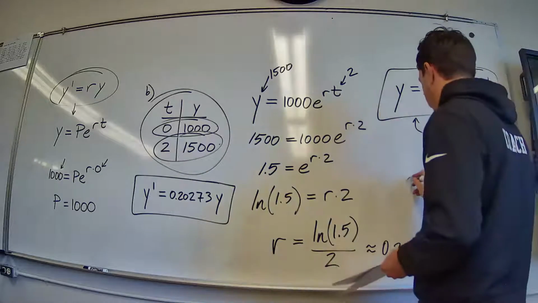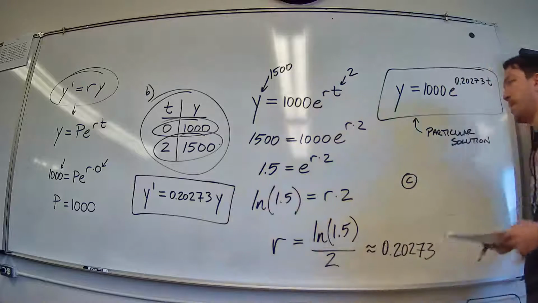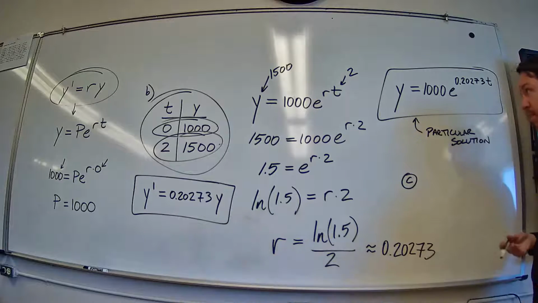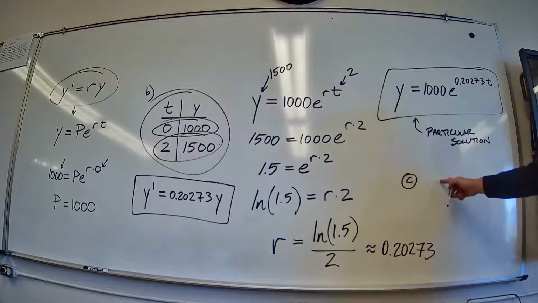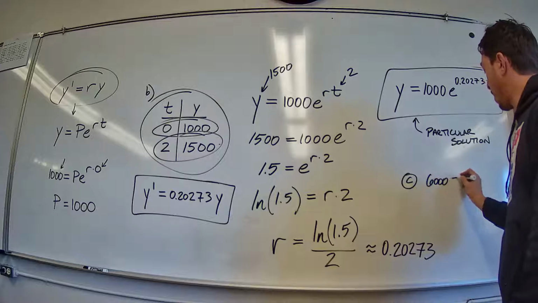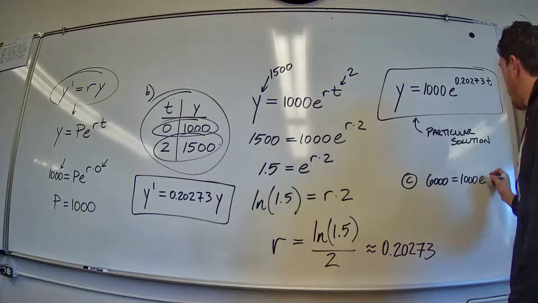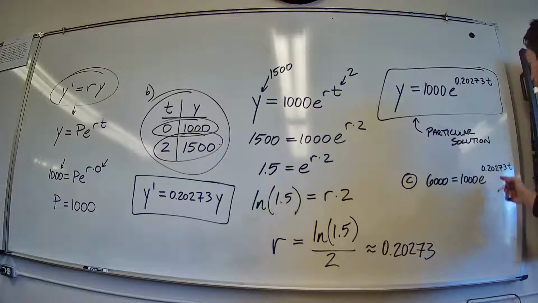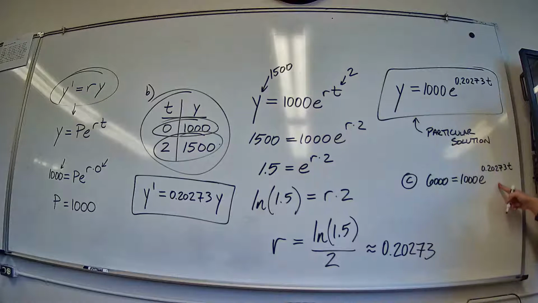Okay, and then the last part is going to be fairly straightforward. How long will it take to get to 6,000? That's back to just basic algebra. So for part C, you're going to set your function equal to 6,000. Like that. And then you solve it the exact same way you did before.